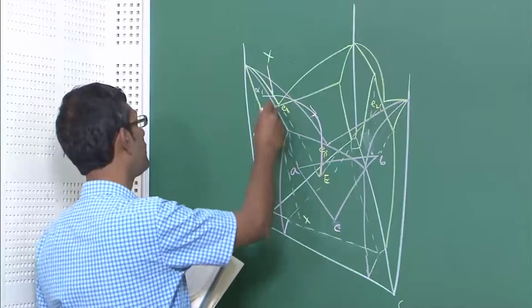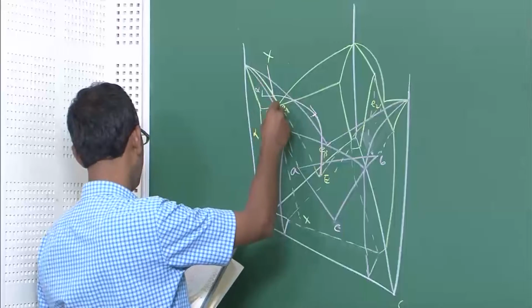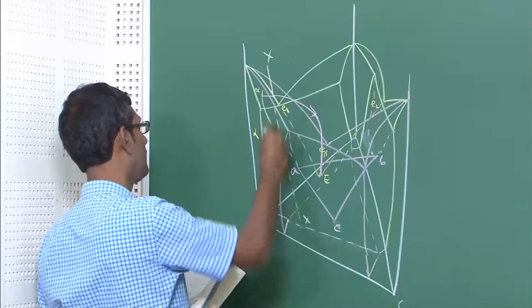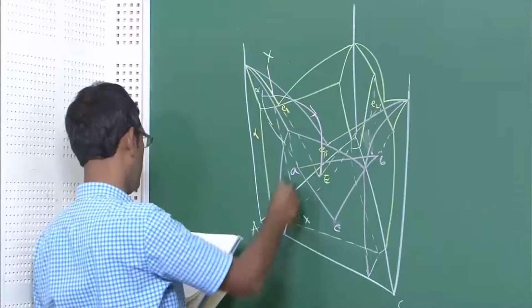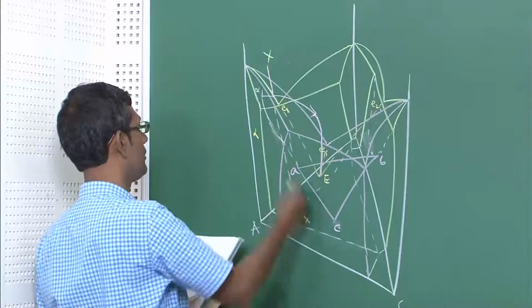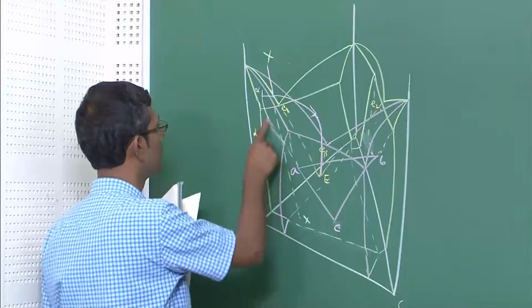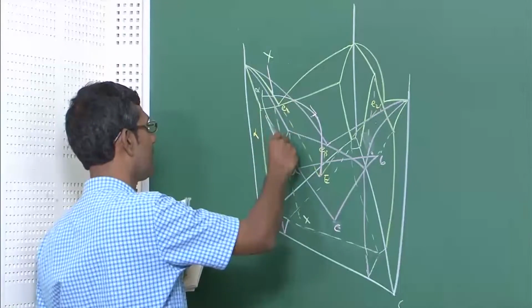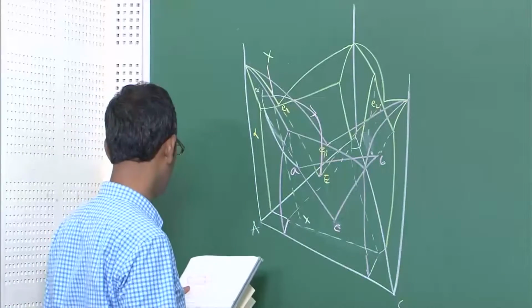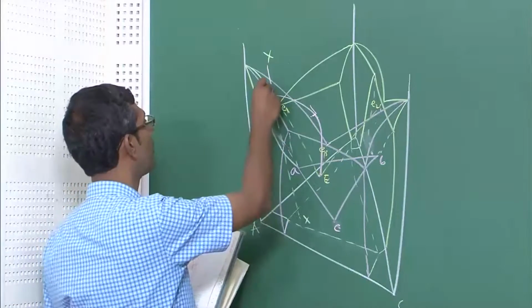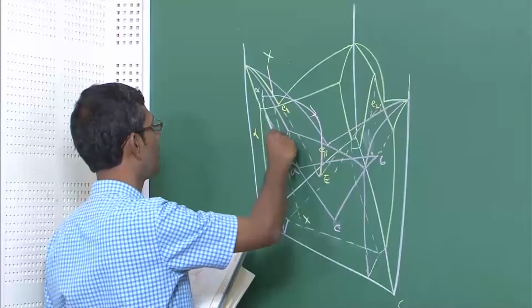Then the solidification solid will follow this way, okay, and it will reach this point, sorry, this will reach point A, correct, and this is the solid composition variation, okay, this way.